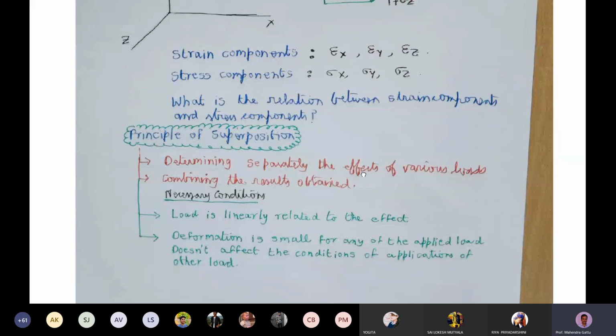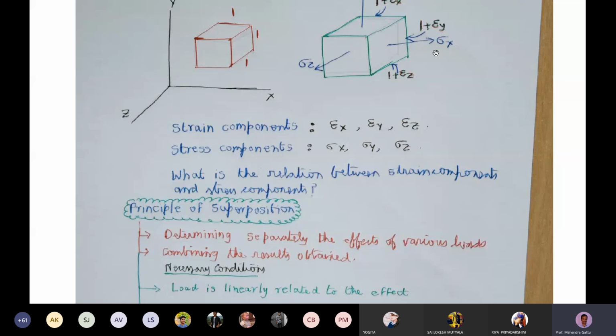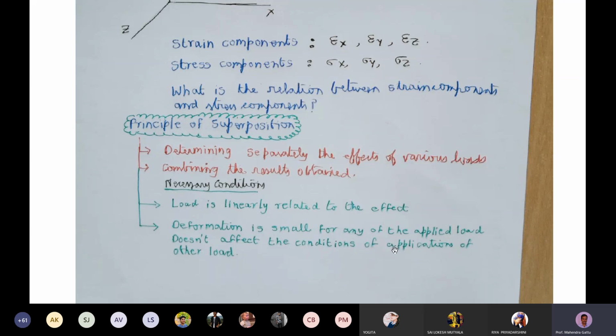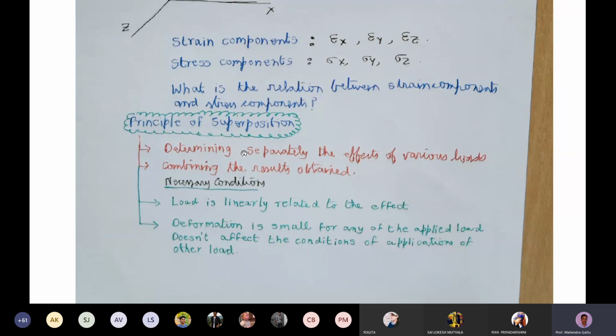As a result, suppose you apply sigma x, the increase in length is very small, so we can add up all the total effects. If the geometry itself is changing by a large amount, then we cannot apply the principle of superposition, because when the actual lengths change and the geometry is changing very drastically, we cannot apply this principle. We have to use advanced techniques.